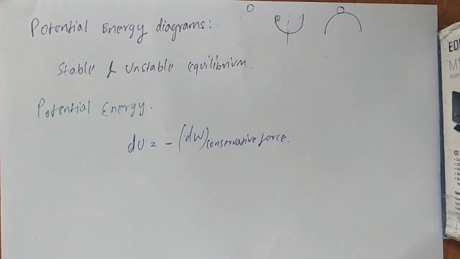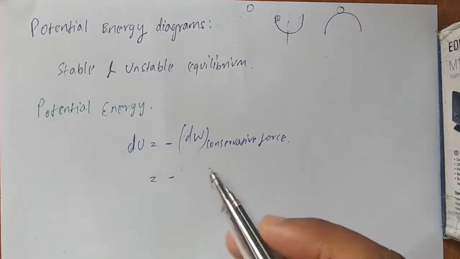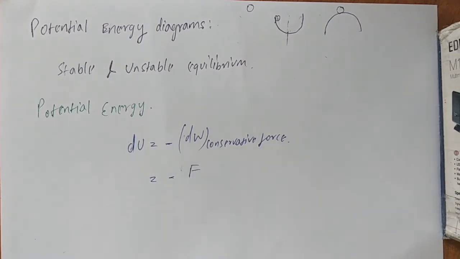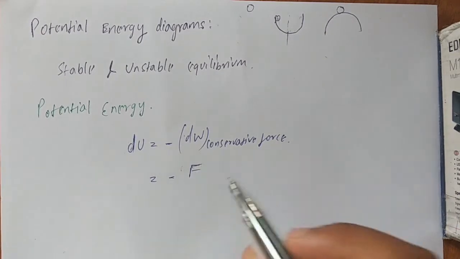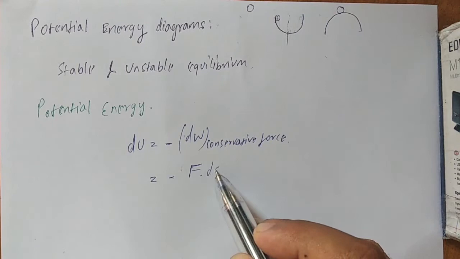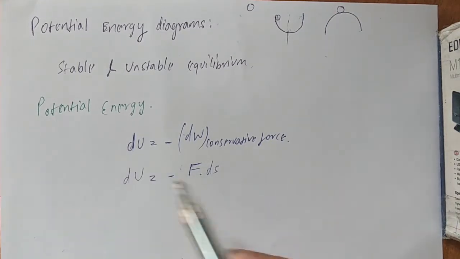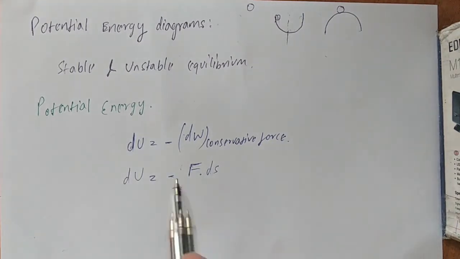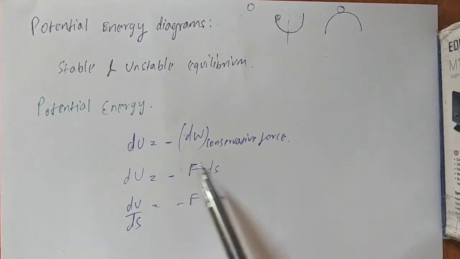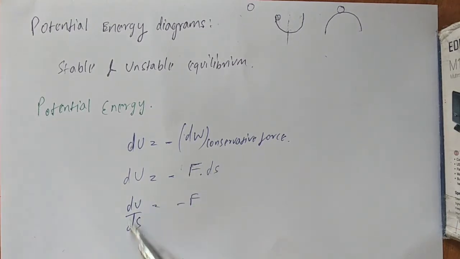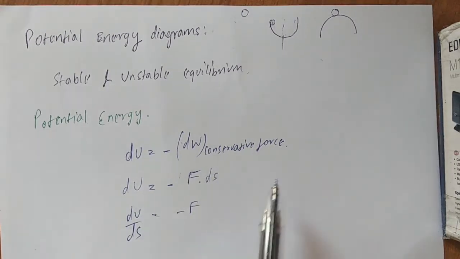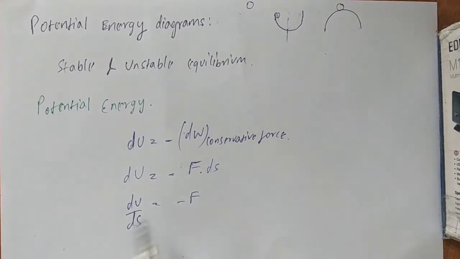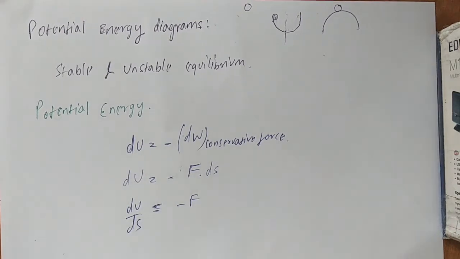This can also be written as, if F is the conservative force, then F ds, where ds is the small displacement. Taking this ds to the other side, the differentiation of the potential energy with respect to the displacement is nothing but the negative of the restoring force.